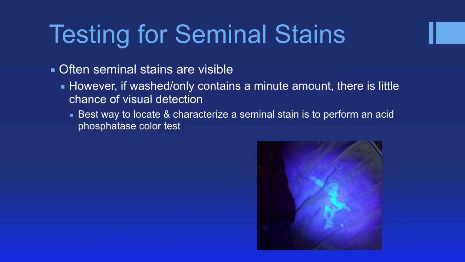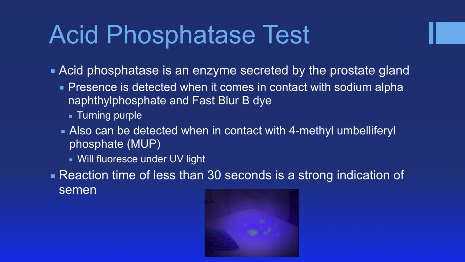This test involves acid phosphatase, which is an enzyme secreted by the prostate gland. Its presence is detected when it comes in contact with sodium alpha naphthyl phosphate and Fast Blue B dye, and what happens is it turns purple.